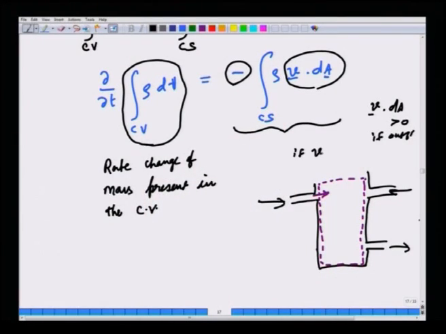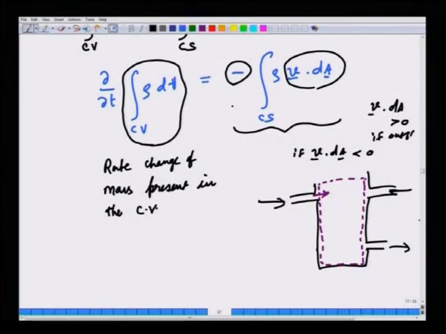If V dot dA is negative, if the surface integral is negative, then negative of negative is positive. If V dot dA is negative, then there is a net inflow. So, if there is a net inflow through all the flows into the CV, the mass present in the CV must increase as a function of time. So, this is a positive quantity. That is all it means.